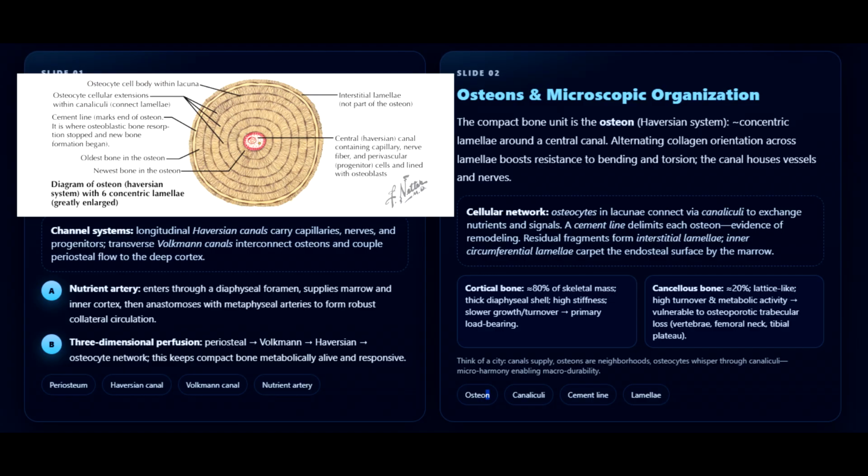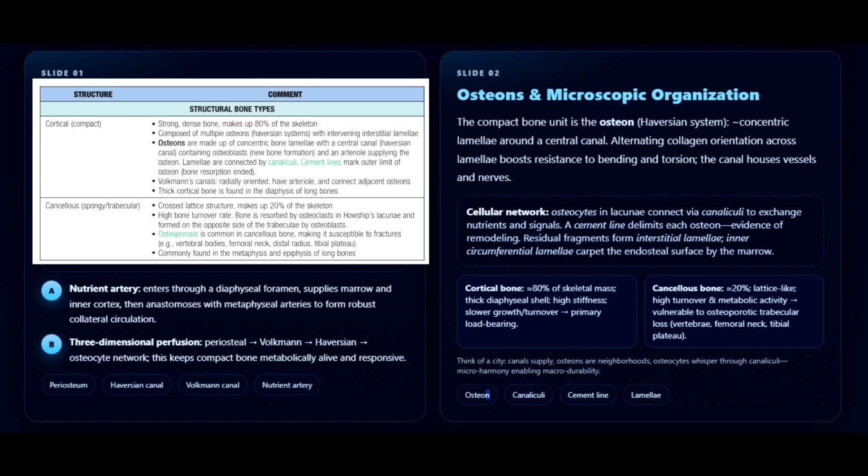At the periphery of each osteon lies the cement line, a boundary that marks where bone resorption stopped and new deposition began. It is the scar of a remodeling event, a record of the bone's dynamic history. Over time, as osteons are replaced, fragments of older ones remain as interstitial lamellae, filling the spaces between new systems.